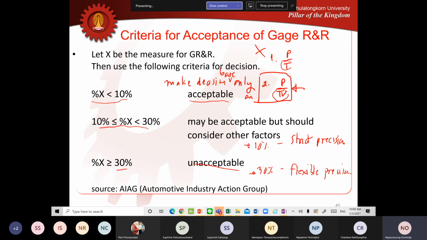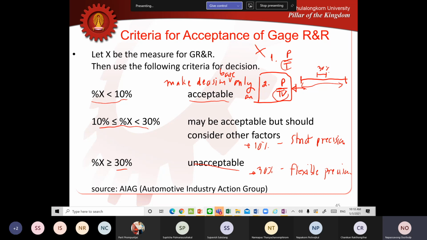The reason is that we want to use the measurement system to quantify the variation of the parts that we produce, right? So that's why we need to compare it with the total variation. For example, if the total variation of the part is this much, we want to keep the precision to be less than 30% of the whole range here.